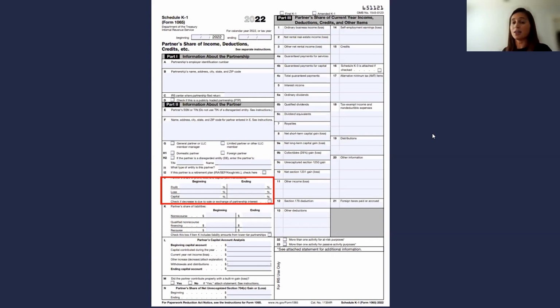So again, the key here is to understand what the distributions are, whether they're on or of capital. And then the K-1 should indicate whether it's reducing your basis or not. And then it just depends. So sorry, it depends.